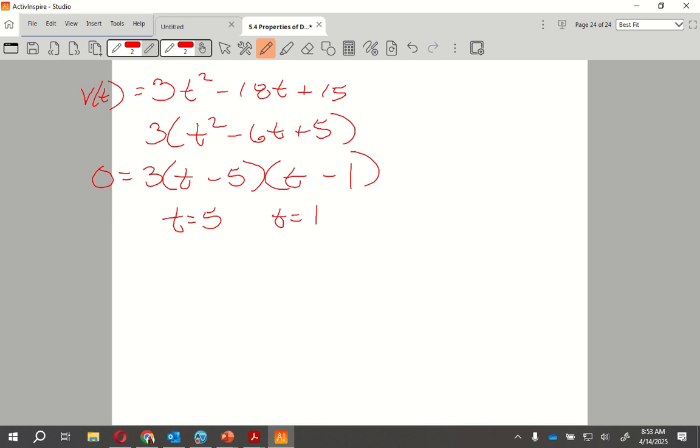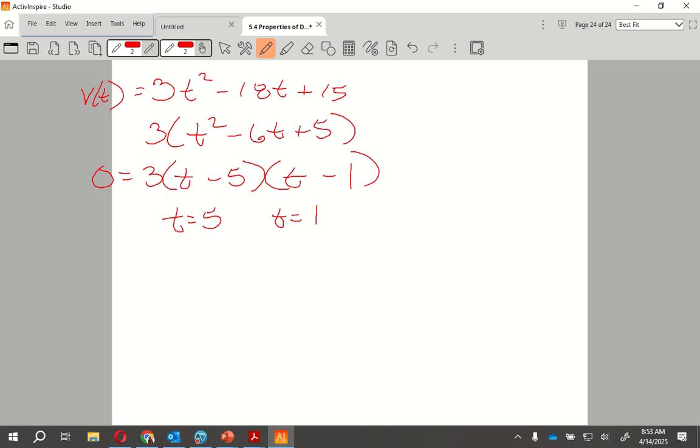Are those in my interval? Yes, they are. That's important. So those are in my interval. So now I need to change up my interval. For my total distance, I need to actually have a bunch of different integrals here.